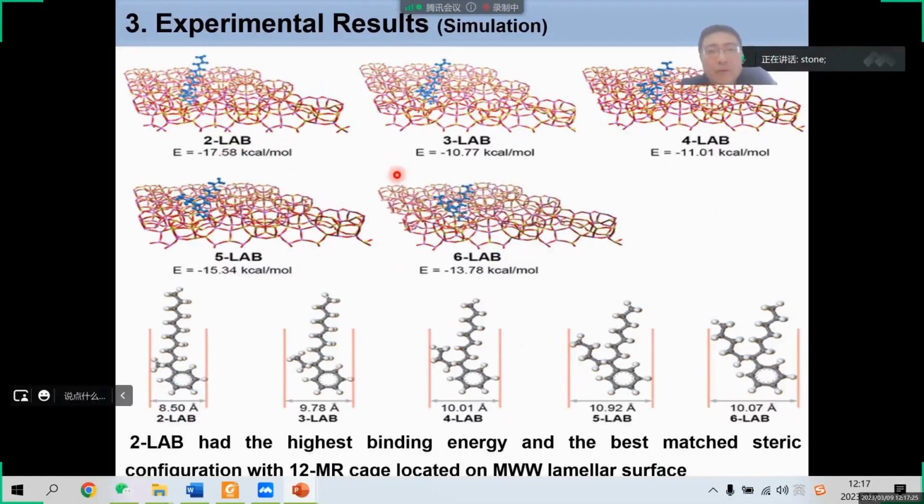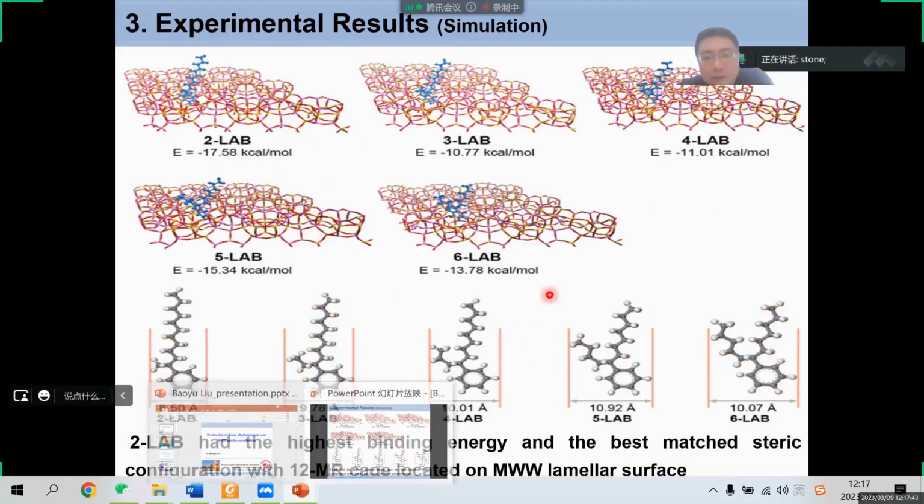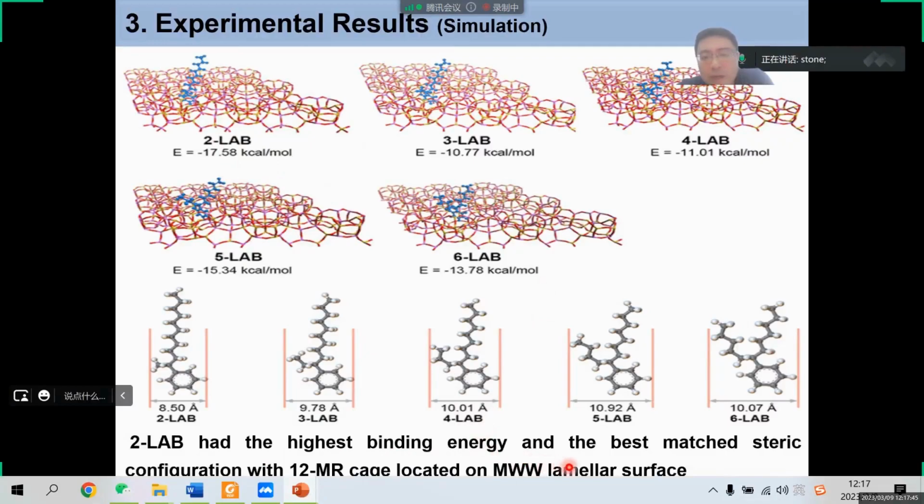Here we also give the computer simulation results. We calculated the binding energy between the LOB isomers and the 12-membered ring cage located on the MWW zeolite surface.